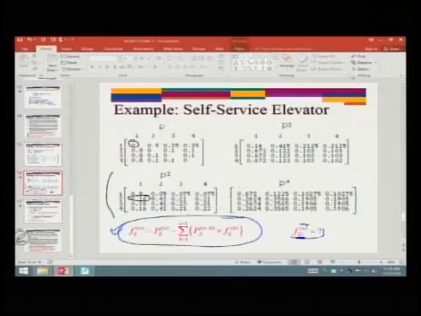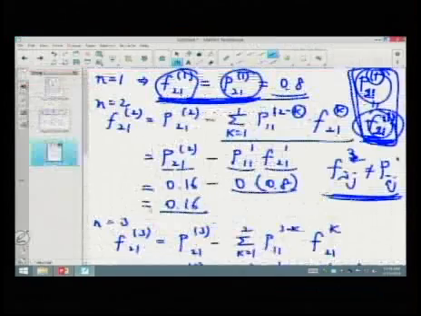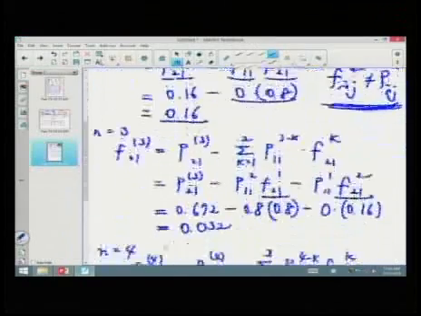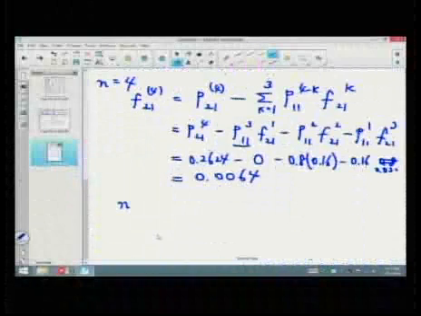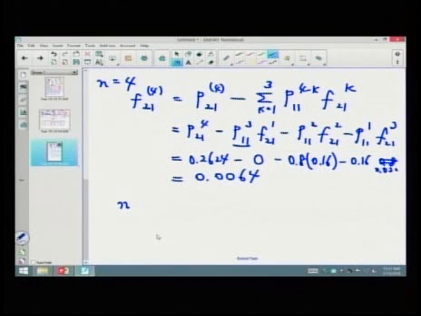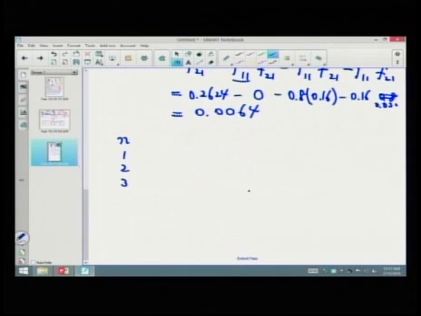Okay, so where was I? In summary, what I have here are the n values 1, 2, 3, 4. And then we have computed f sub 21 to the nth power.